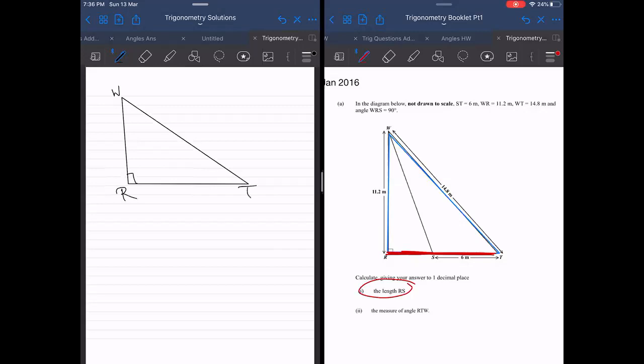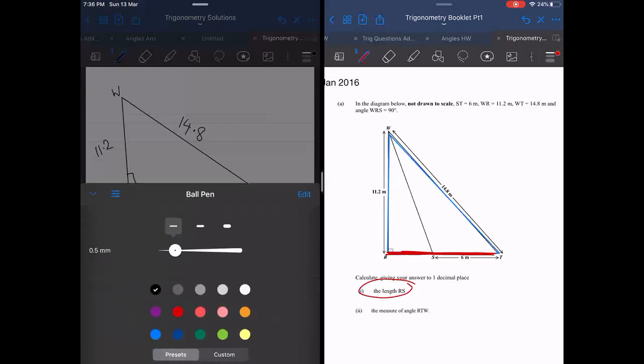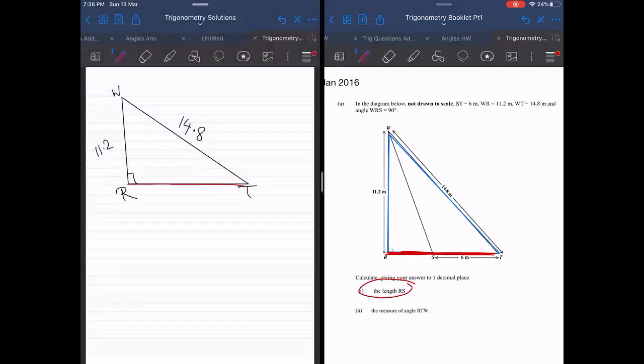So I'm looking at the big triangle. I have 11.2, I have 14.8. And what I want us to find is all of down here using Pythagoras theorem. So practice, guys.